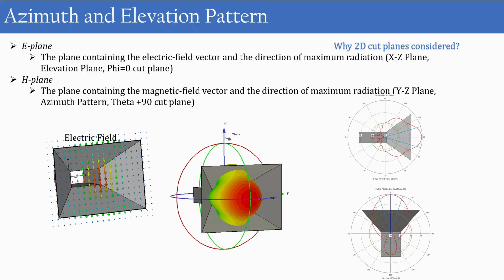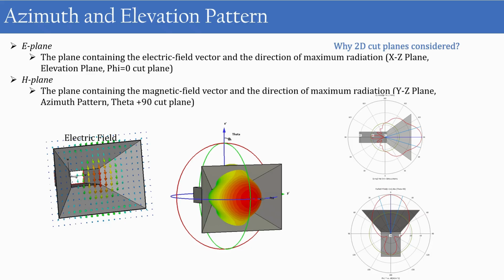When we study radiation pattern, we usually say azimuth and elevation pattern. So these are the cut plane radiation patterns. So what is the requirement of these 2D cut plane patterns when we have these 3D radiation patterns? Let's see why it is so important. Because in earlier days, we didn't have simulation tools like CST, HFSS, nothing like that. So everything had to be done on the basis of measurements.